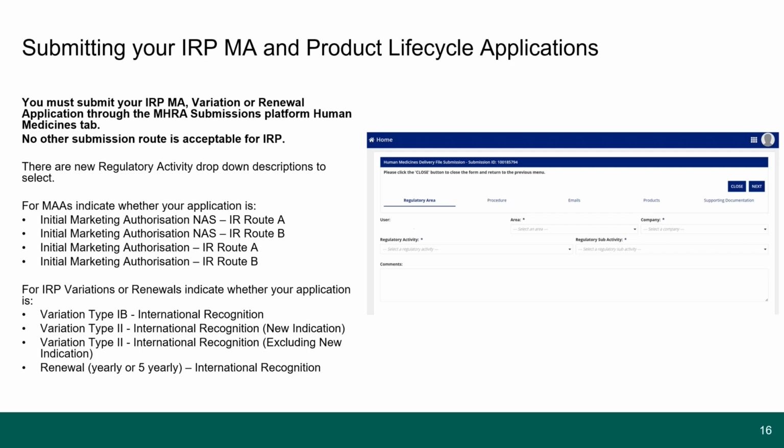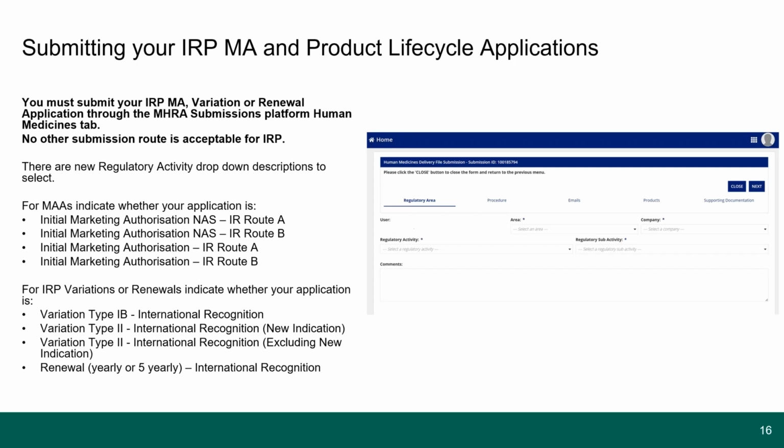But when you do come onto it, you will notice, for those who are more familiar with using it, that there are some new regulatory activity drop-downs and descriptions to use. So if you're submitting a marketing authorization application, you need to indicate whether this is a marketing authorization NAS and which route it is, A or B, or if it's not a NAS, which route it is, A or B. And for variations and renewals, obviously, as Shirley has indicated, there are certain types of variation, type 1Bs and type 2s, and some renewals that are applicable for international recognition.